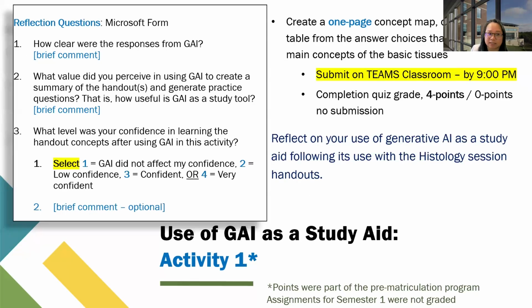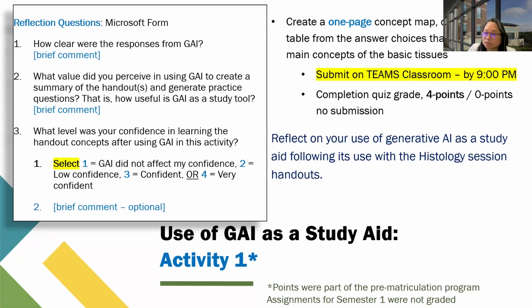Following that, another survey I wanted to have the students complete is a reflection, because it's more than just practicing the activity. I wanted to see what they thought about the use of generative AI. These are the questions in Microsoft Forms. They were all free answers except for one. I wanted them to comment, if they so wished, on how clear the responses were that they received from the generative AI tool. What value did they perceive in using AI to create the summary of the handouts and generate practice questions?